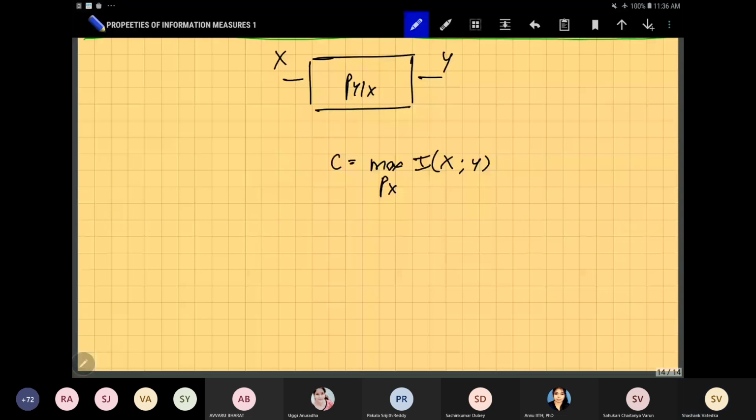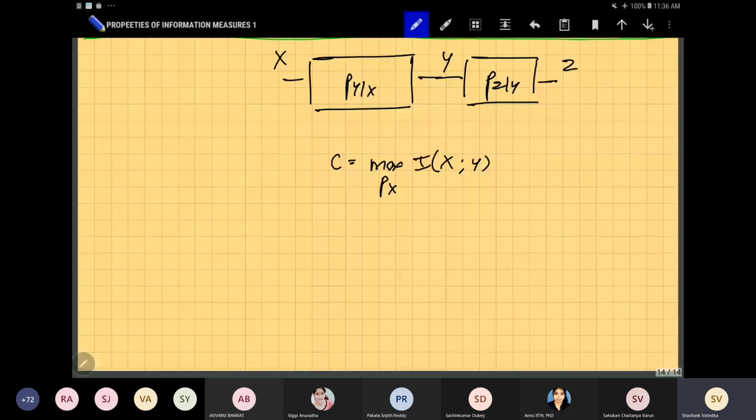Right? So here is one possible question. What if I do some pre-processing or post-processing at the output? Can I increase the capacity of the channel? In particular, let us say that I do some post-processing at the output. I'll introduce a new sub-channel, Pz given Y. This is artificially done at the receiver.